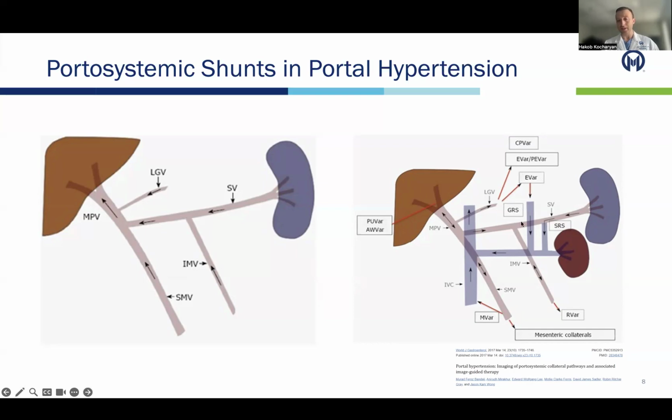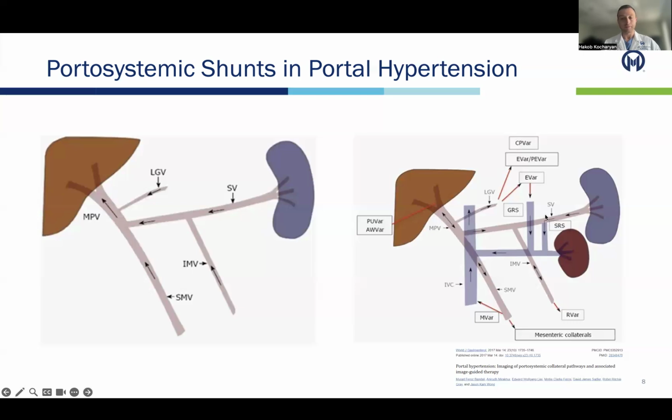And on your right-hand side, you have a little picture that shows the contribution of left gastric vein to formation of cardiophrenic, esophageal, paraesophageal varices. You form gastrorenal shunt, draining the gastric outflow straight to the left main renal vein.